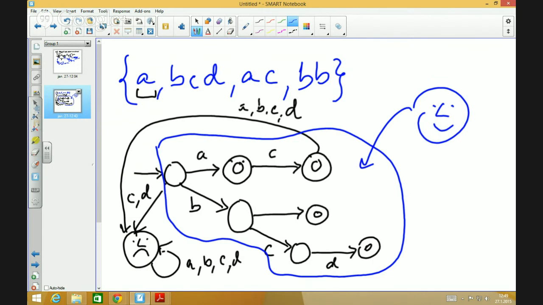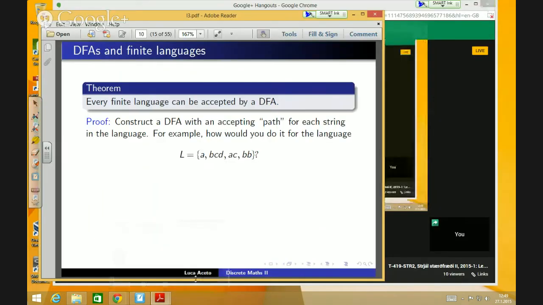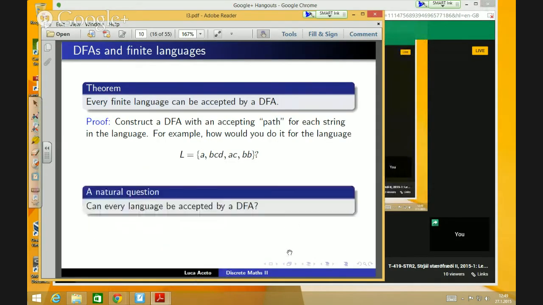But anyway, there is a general pattern in this mess. This kind of idea, this kind of construction that we made doesn't just work for this finite language, it works for any finite language. You just need to do a different amount of work. Beautiful. Okay, so every finite language can be accepted by a DFA.